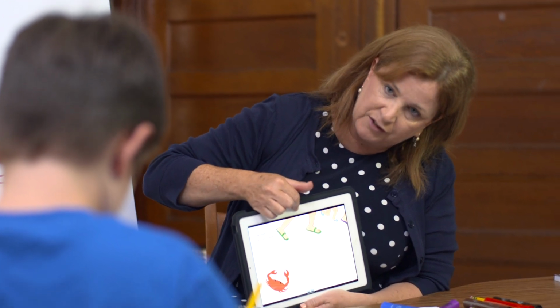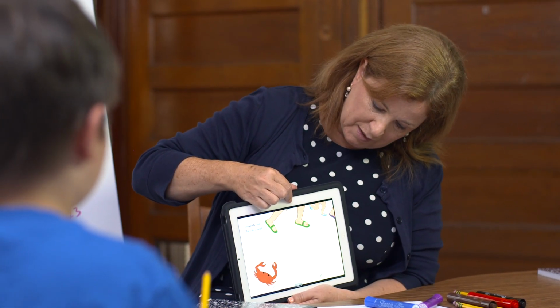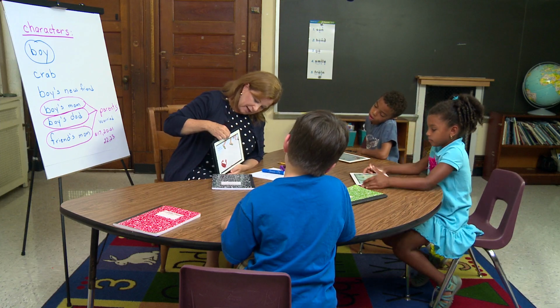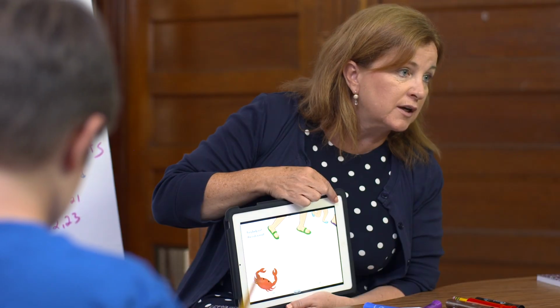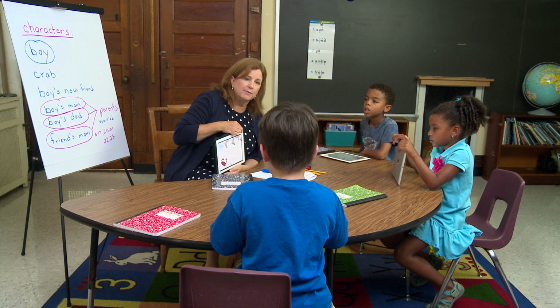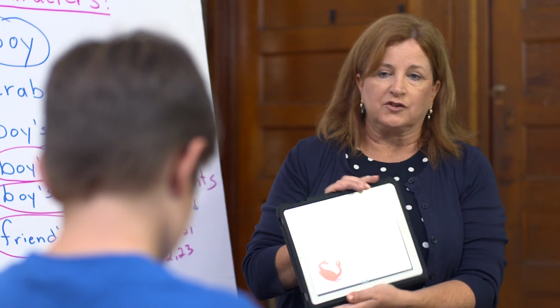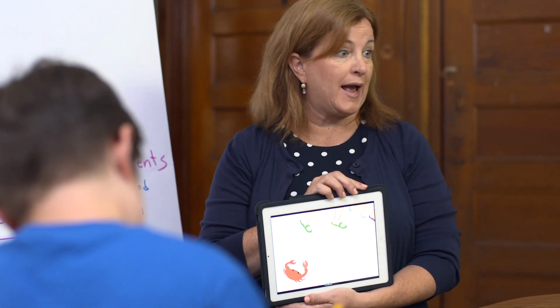Whose legs do you think these are? The little boy's legs, and these bigger legs are probably his parents. And what are they doing? Running from the crab. Why are they running from the crab? Because they don't want to get snapped. Right, so the parents are worried that the crab will bite them, and they help the boy run away.